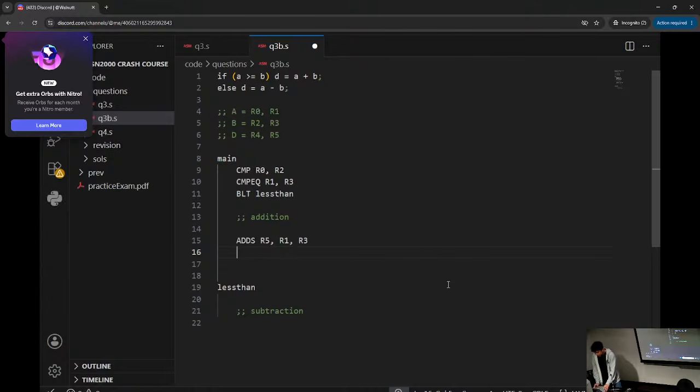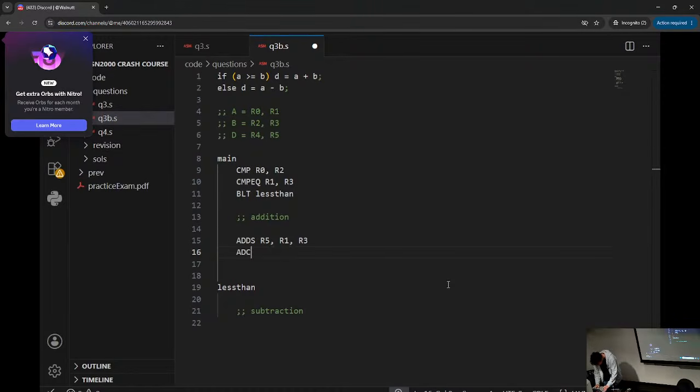Now, how do we actually add the carry bit? If you look at the data sheet, which we don't have, unfortunately, there's actually an instruction called ADC. What does ADC do? ADC just means we add and we also include the carry bit. So it looks at the flags and sees, oh, we have a carry bit. Let's add that on as well.